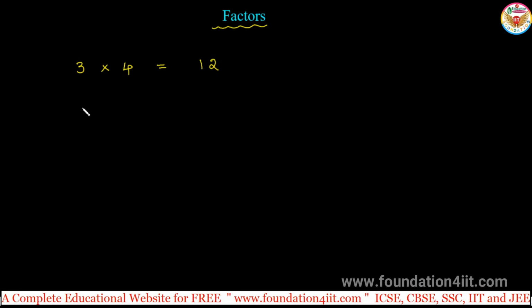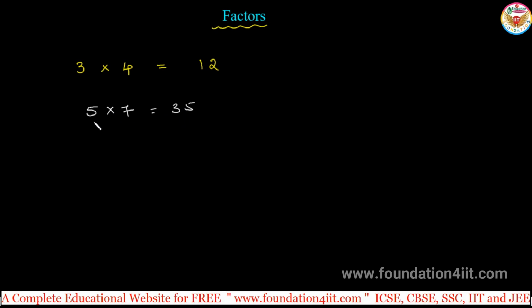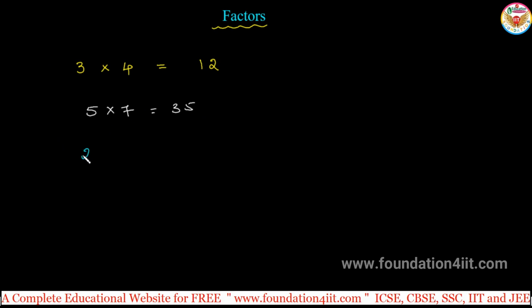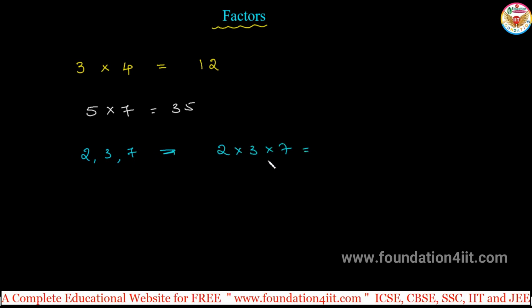Similarly, the product of 5 and 7: 5 into 7 is 35. Therefore 5 and 7 are the factors of 35. Not only two numbers, take more. The product of 2, 3, 7, that means 2 into 3 into 7. Multiply: 2 threes are 6, 6 sevens are 42.